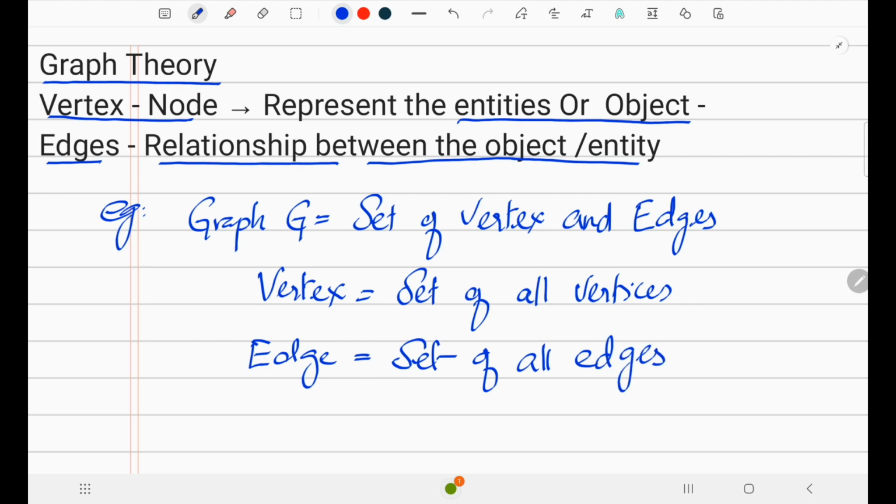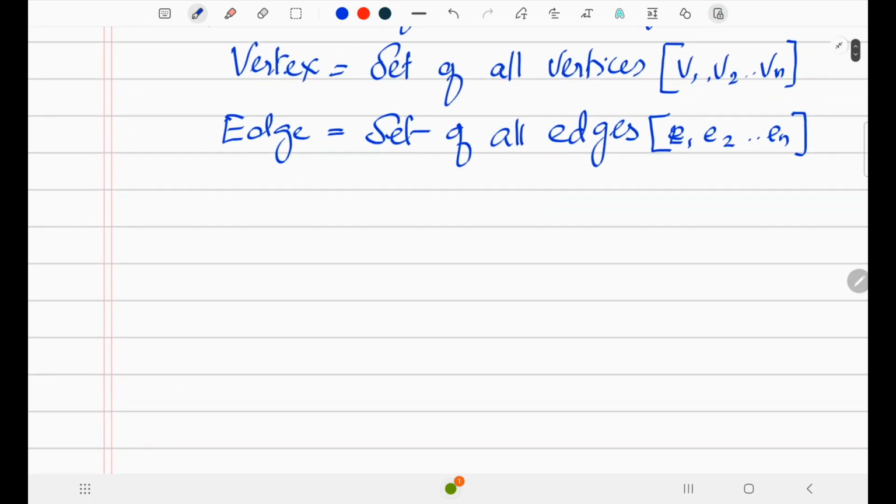So the vertex set might have some vertices v1, v2, v3 until vn, and the set of edges is e1, e2, e3 until en. So this is the simple definition of a graph.